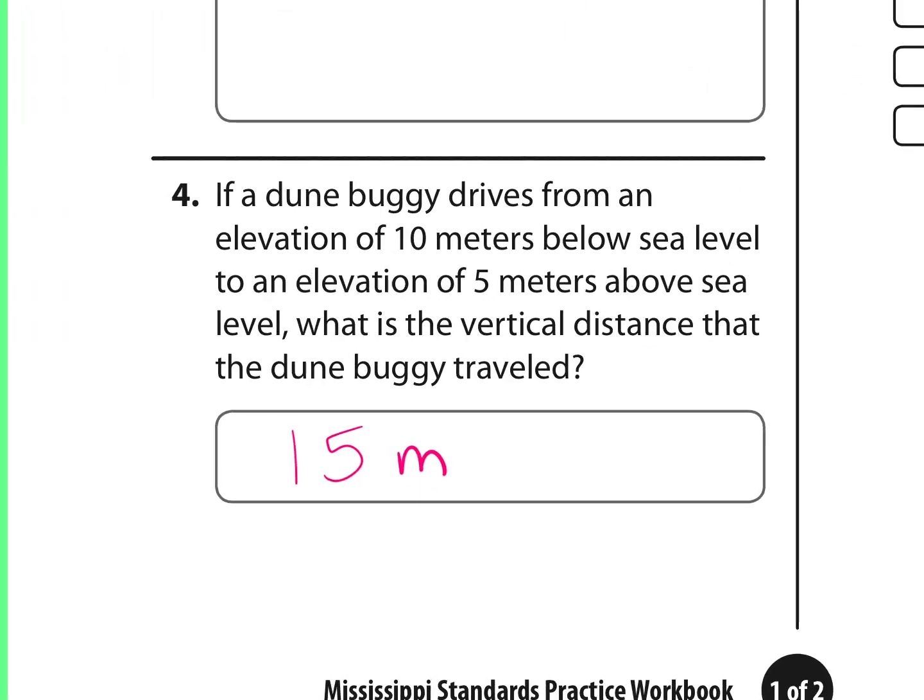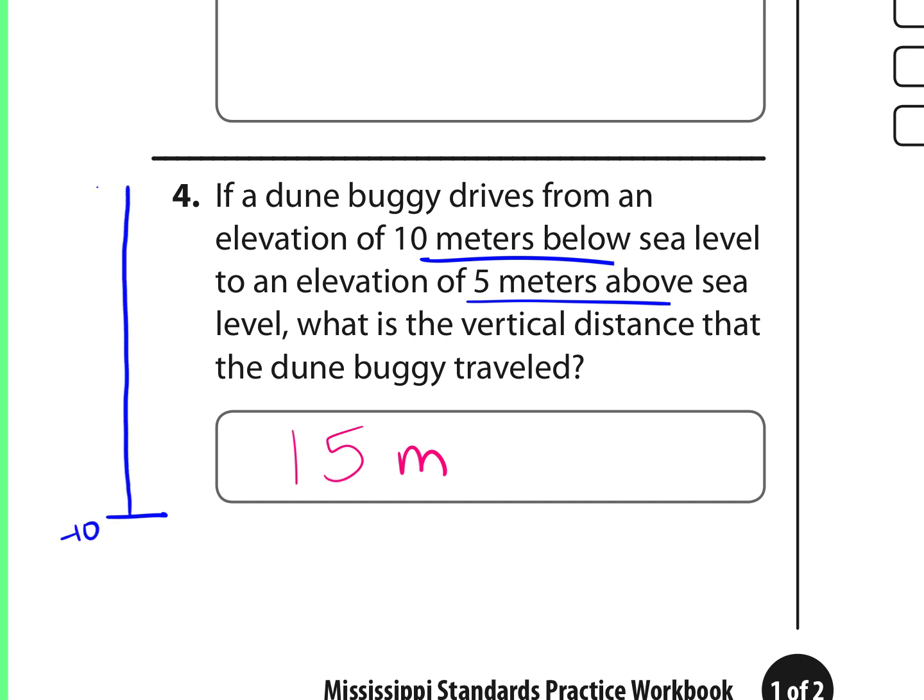If a dune buggy drives from an elevation of 10 meters below sea level to an elevation of 5 meters above sea level, what is the vertical distance the dune buggy traveled? Well, it starts here at -10 and goes up to +5.